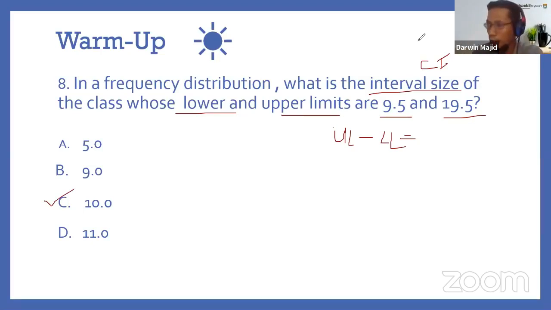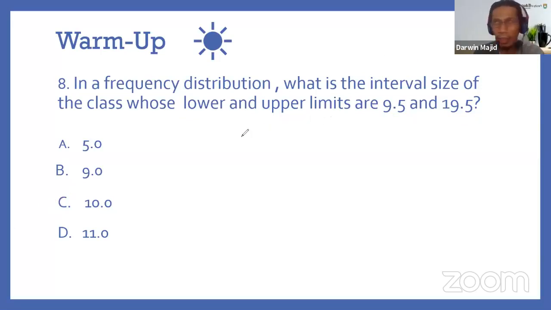So again, these solutions are minor, so we won't memorize them too much. But this is very common. The upper limit minus the lower limit gives you your class interval. You can't just guess, because we're talking about frequency distribution. You need to know the beginning, the lower limit going to the upper limit, so that you can spread the scores and your frequency distribution would be easy to understand.